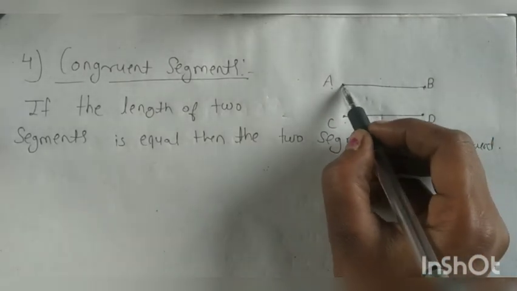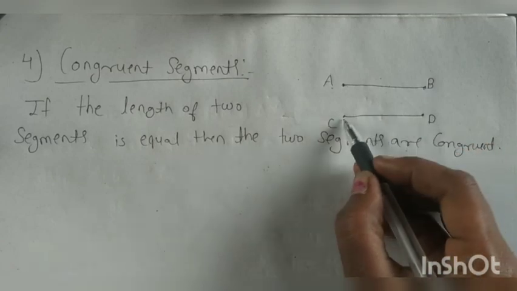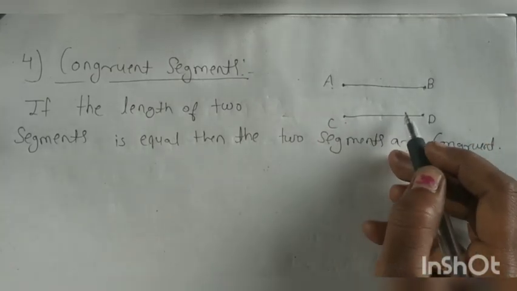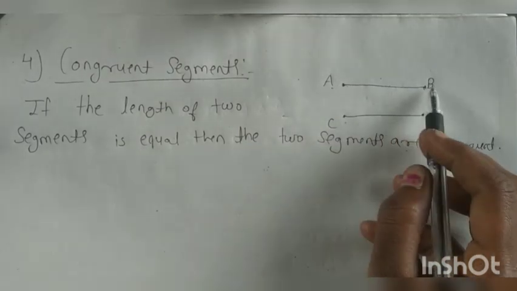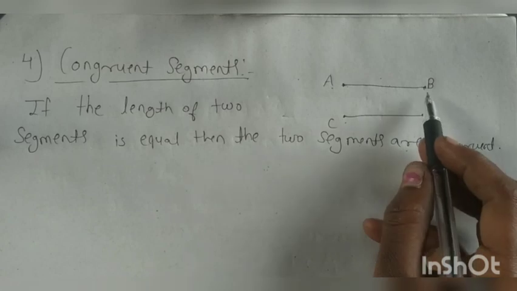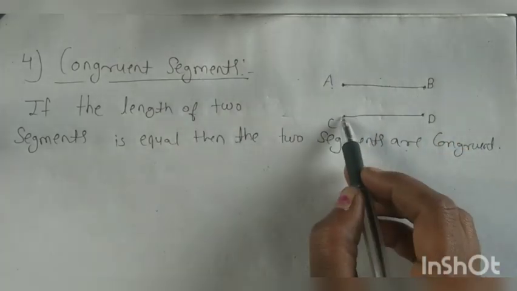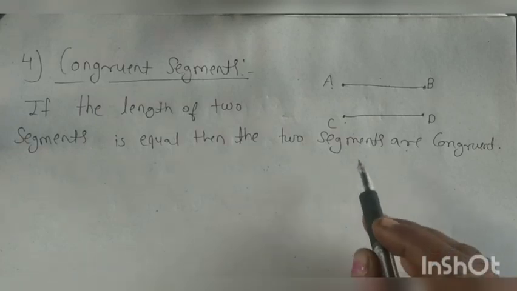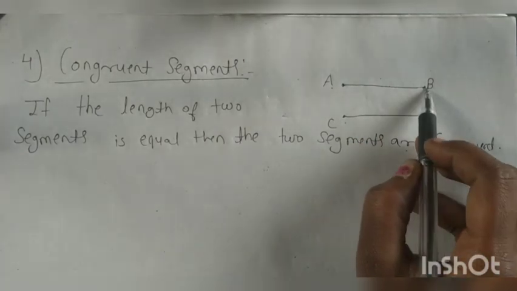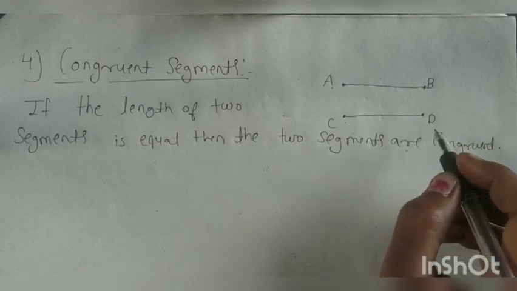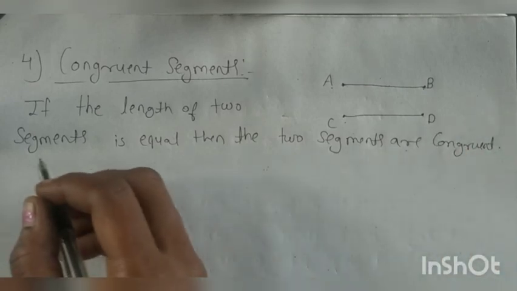If the length of AB and the length of CD are equal, then segment AB and segment CD are called congruent segments.